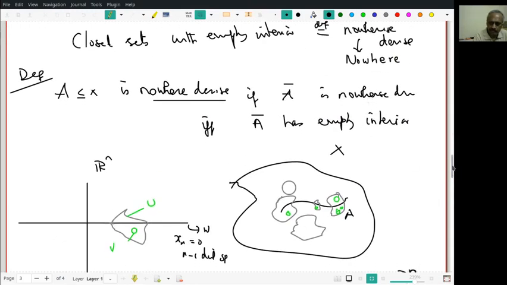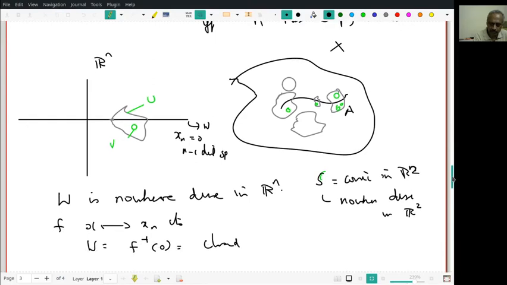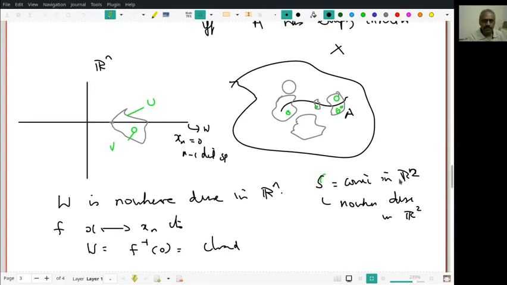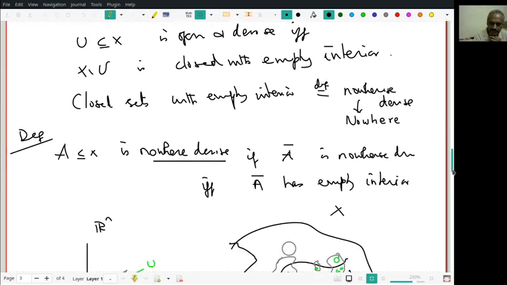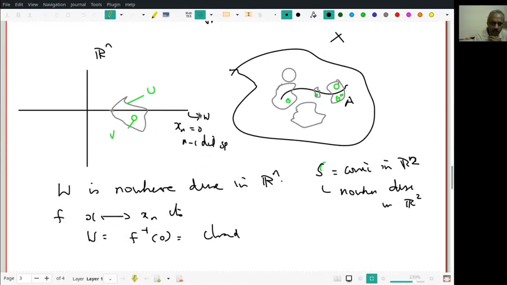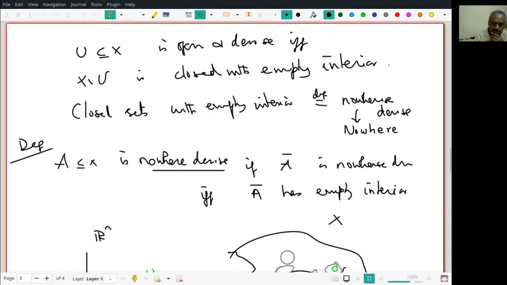I already gave you an intuitive reason why W should be nowhere dense, but let's look at our definition. The standard official definition is that A closure has empty interior. Since W is closed, W closure is W itself. Therefore, I only have to show that it has empty interior. That is also easy.